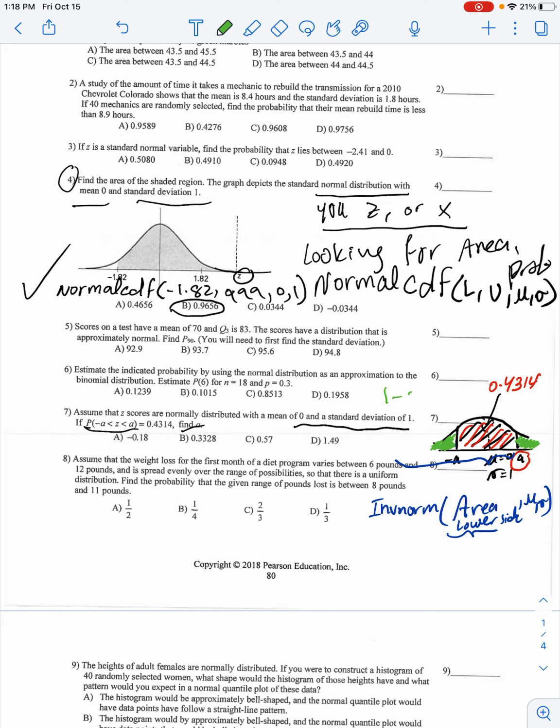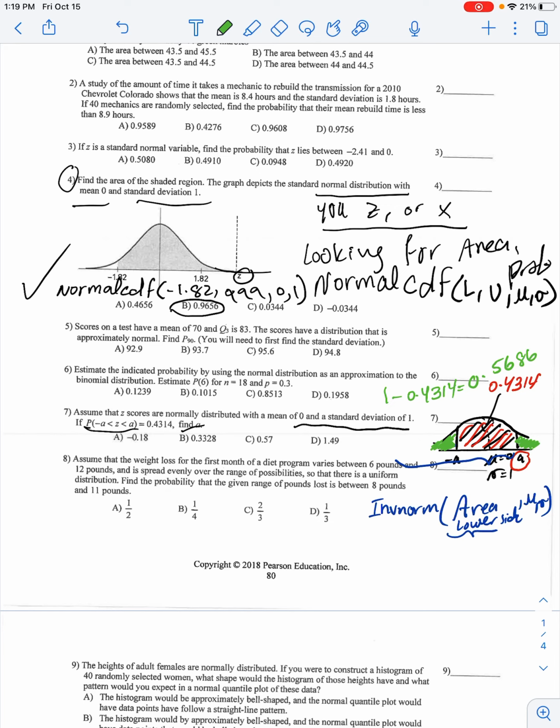So to find the area of the green ones, I have to say 1 minus 0.4314. Then I find the area of the green together, and that is equal to 0.5686.